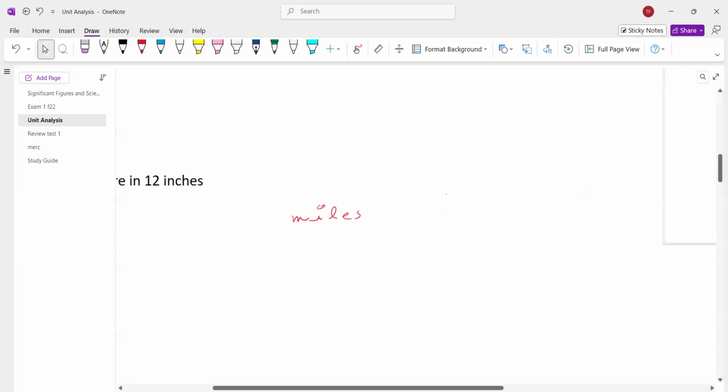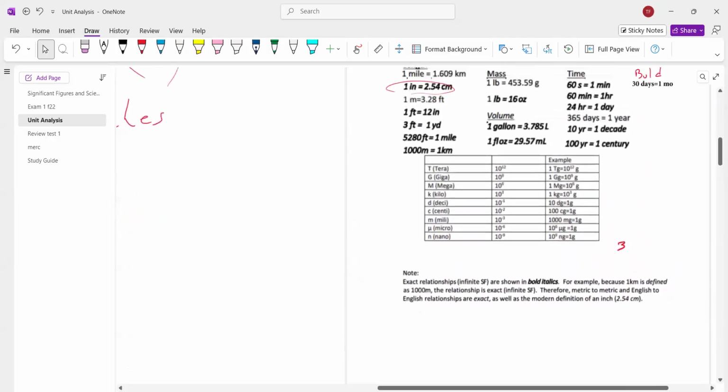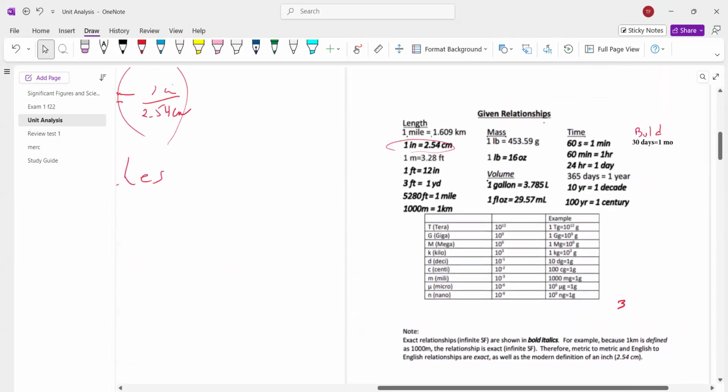Okay, again, we've got feet in a mile, and we know 12 inches to a foot. So those are our two units. Unfortunately, they're not in one conversion factor.